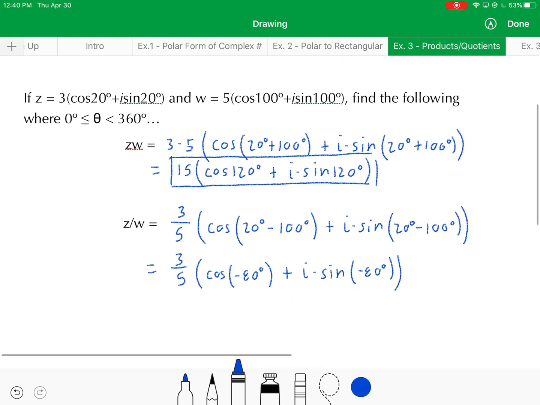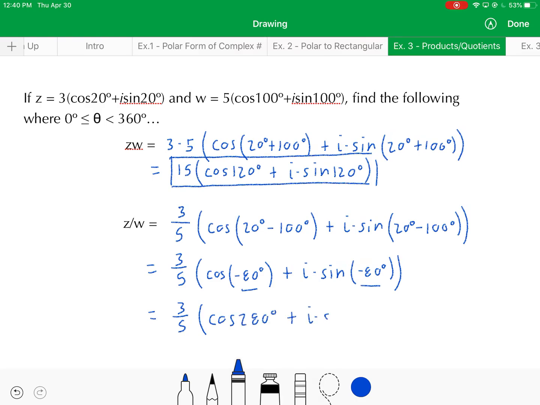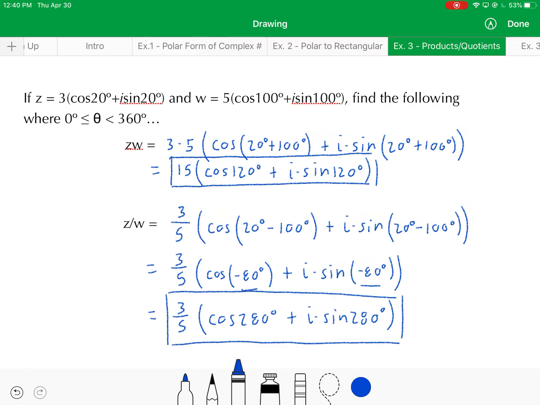So I need to get a coterminal angle to this negative 80 degrees here. Just add 360 to it, and now we can rewrite this as cosine of 280 plus I sine of 280. Okay, there would be the polar form of my quotient between those two complex numbers.